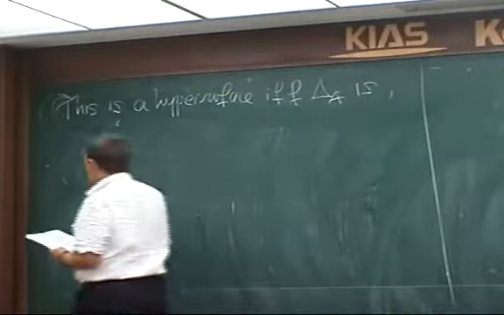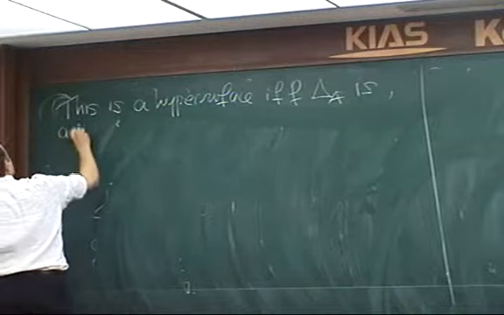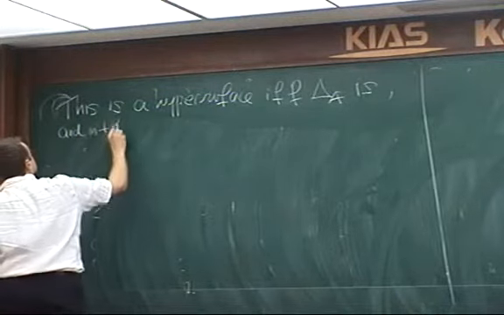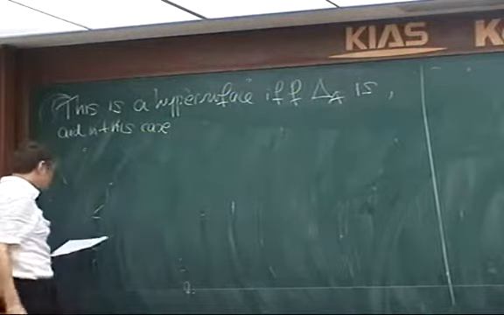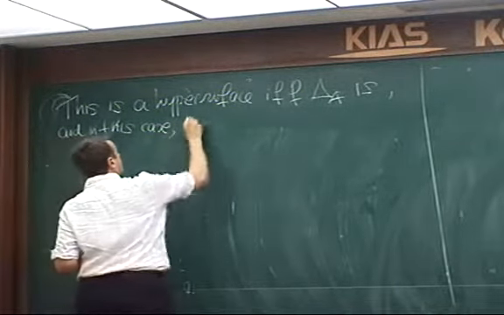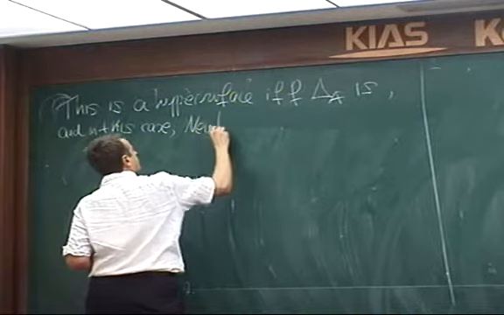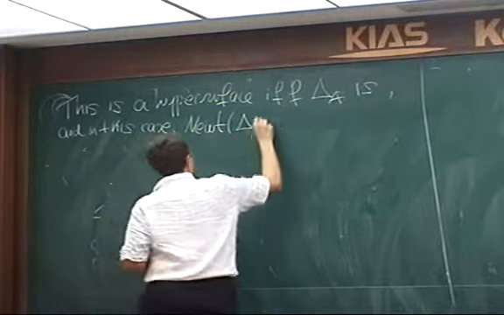And in this case, the Newton Polytope of the discriminant is computed as follows.